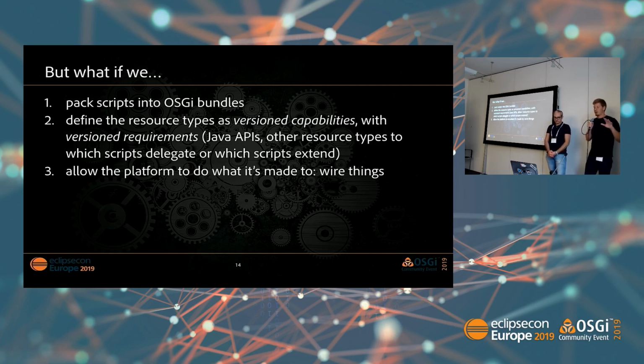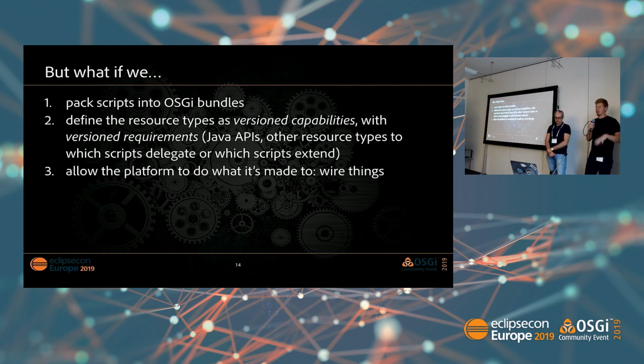So that means on the one hand, for normal JSP scripts and things like that, but also for the more Sling specific ones like HTL, make that part of bundles, right? And get the whole idea of a resource type into that layer as well. So not only code dependencies like packages in the Java world.